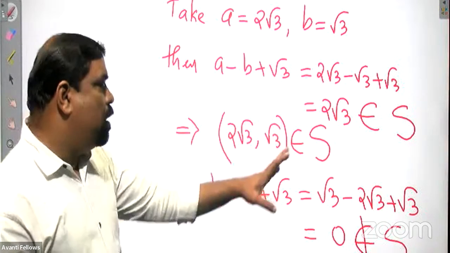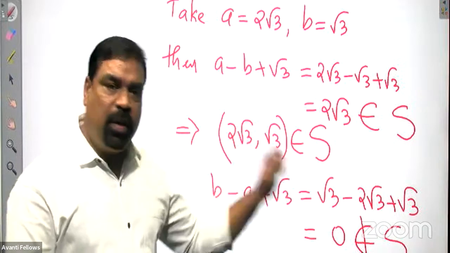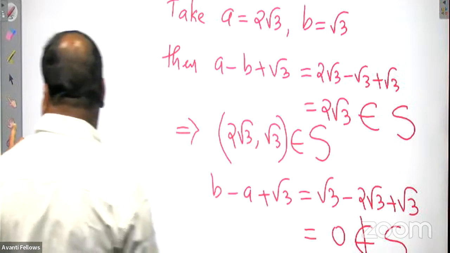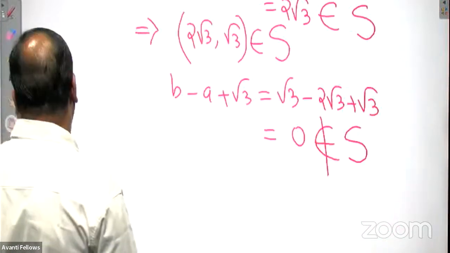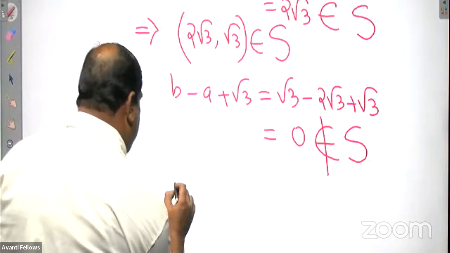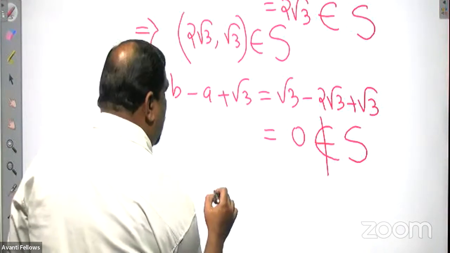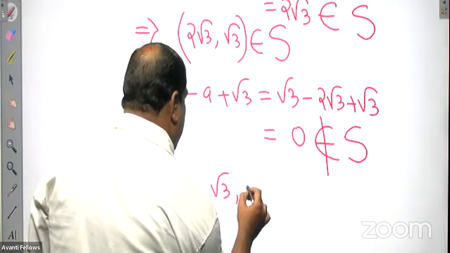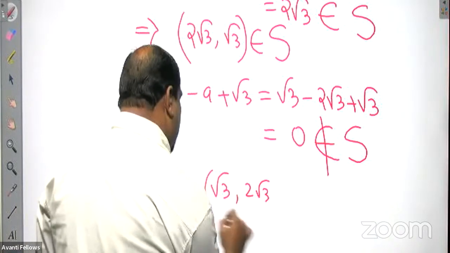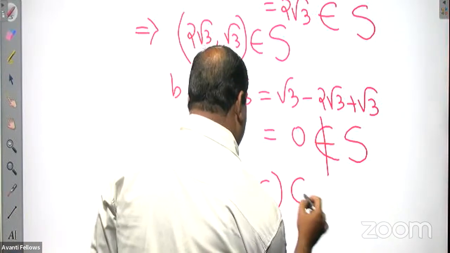AB is there, but BA is not there. Therefore, (root 3, 2 root 3) is not in the relation.